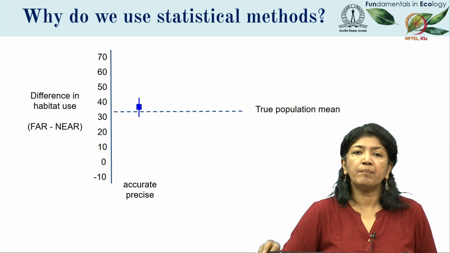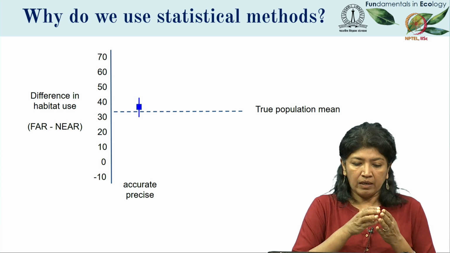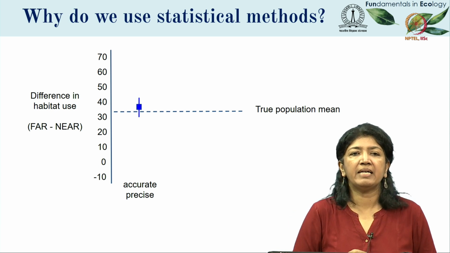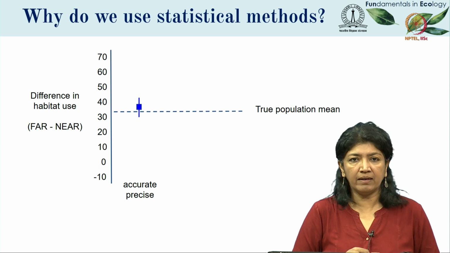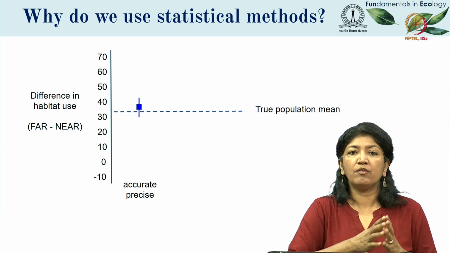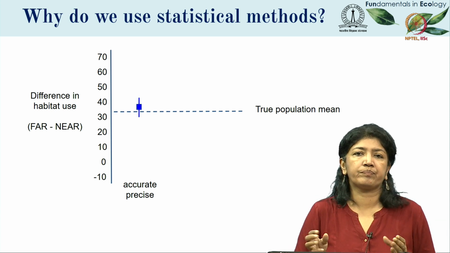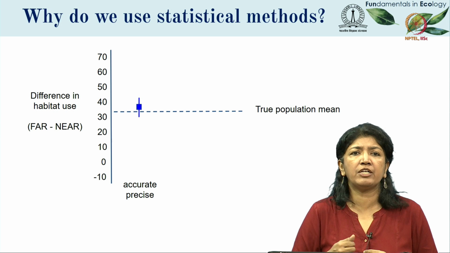That is, suppose my question is, how does road affect habitat use by butterfly? And I want to check whether butterflies prefer to use habitats far away from the road rather than near the road.